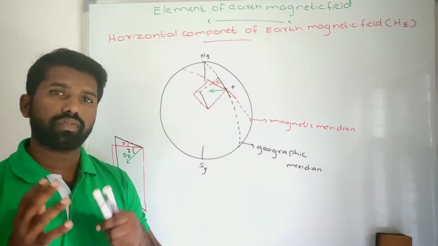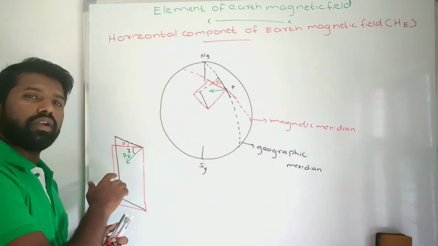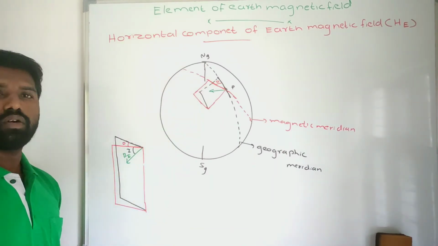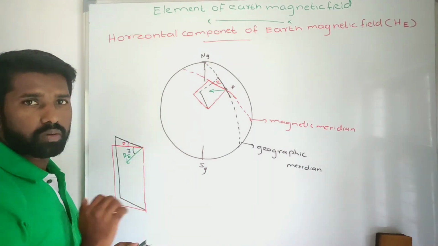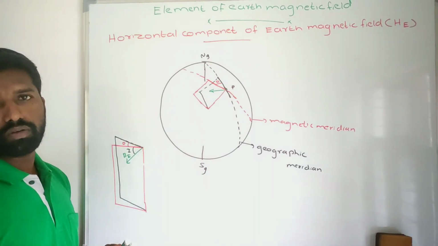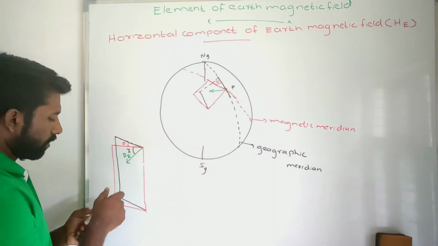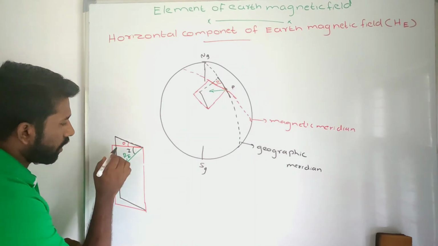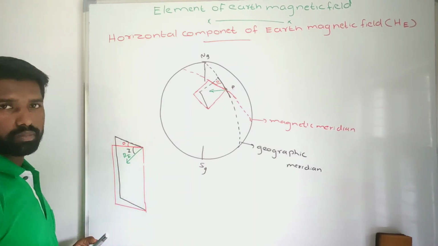That I can also get from the dip circle: how much the north pole dips down from the horizontal, because it is the northern hemisphere. That is the angle of inclination. This angle of inclination is the angle between the horizontal and the total magnetic field.